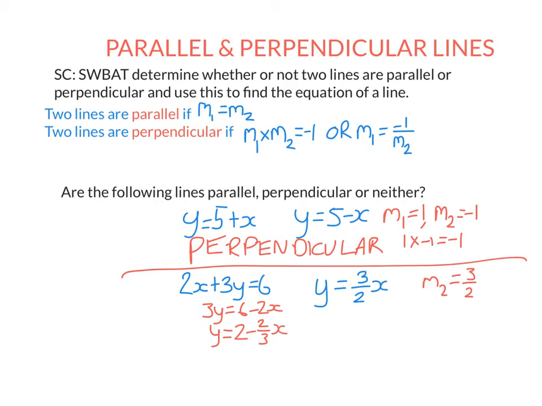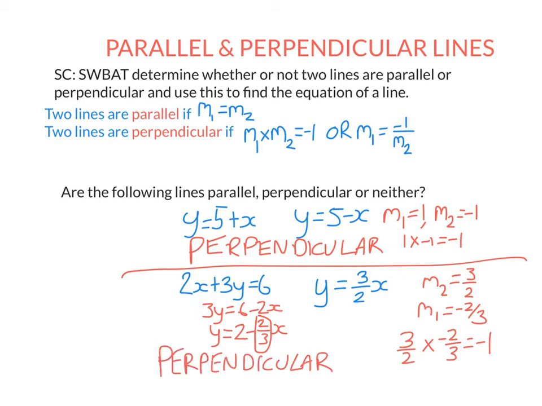So the gradient of this first line is actually minus 2/3. So 3/2 times minus 2/3 equals -1. So these lines are again perpendicular. If the two gradients were equal, they would have been parallel, but they multiply to -1, so they're perpendicular.